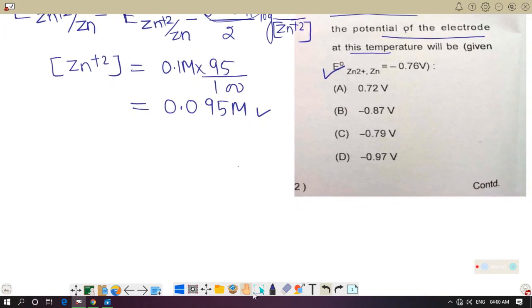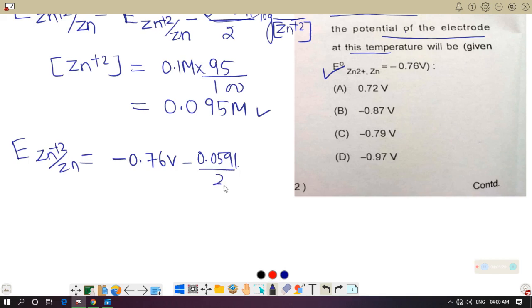So E of Zn2+/Zn is equal to the standard electrode potential of zinc, minus 0.76 volt, minus 0.0591 divided by 2, since the number of electrons is 2.